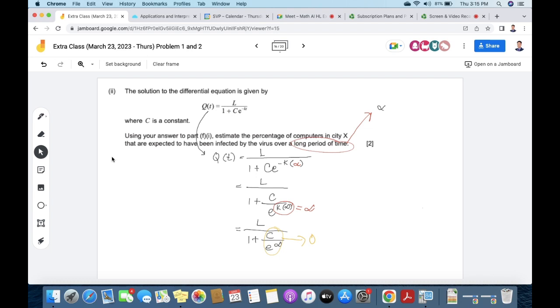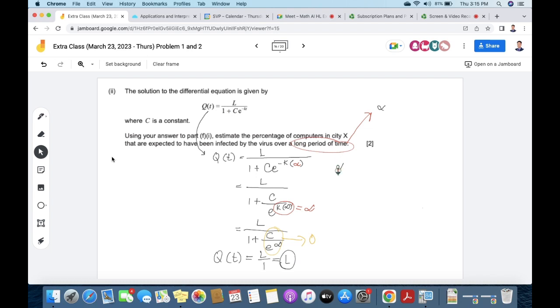In other words, we can now say that your Q of t over a long period of time will just be equal to L over 1, or just equal to L. So these are the numbers of computers infected over long periods of time. Do you follow?